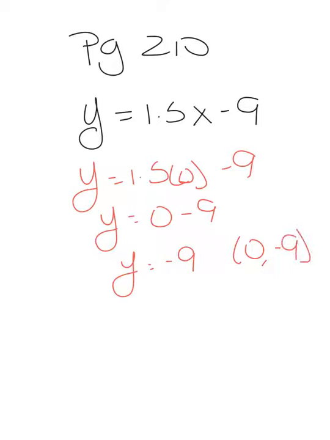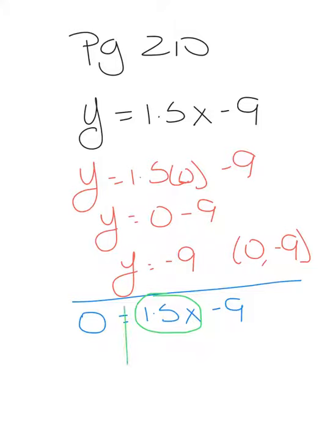To find the x-intercept, that's not quite as easy. To find the x-intercept, we're going to have to plug in 0 for y. So we're going to say 0 equals 1.5x minus 9. We need to solve this for x. So I'm going to circle my 1.5x, can't touch it. What can I touch?